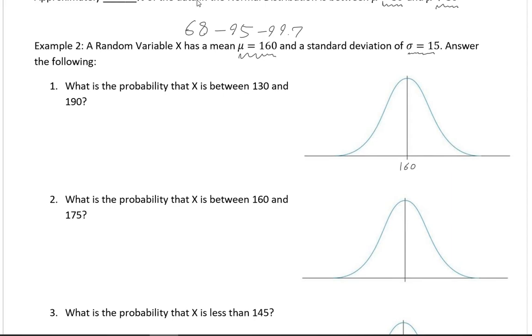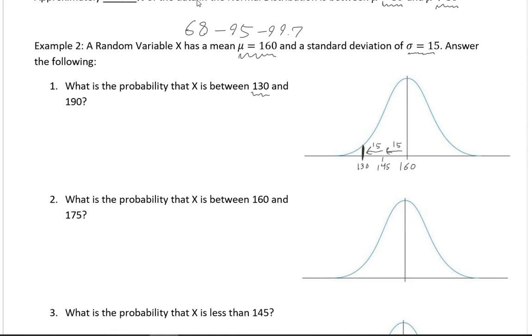If I go down 1 standard deviation, so if I go down 15, then I get to a value of 145. 160 minus 15 is 145. That's not quite the value I'm looking for, so I need to keep going. If I go down another standard deviation of 15, 145 minus 15 gives me 130. That's one of the values I'm looking for, so I can indicate that number here.